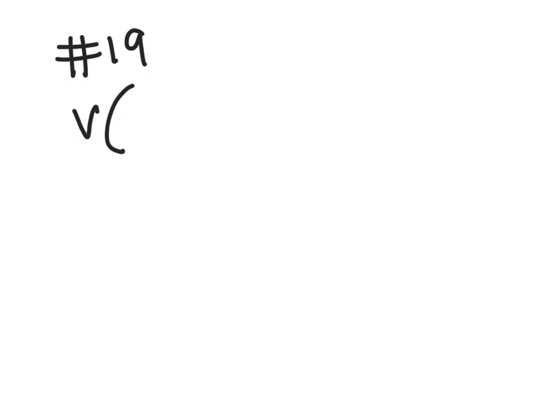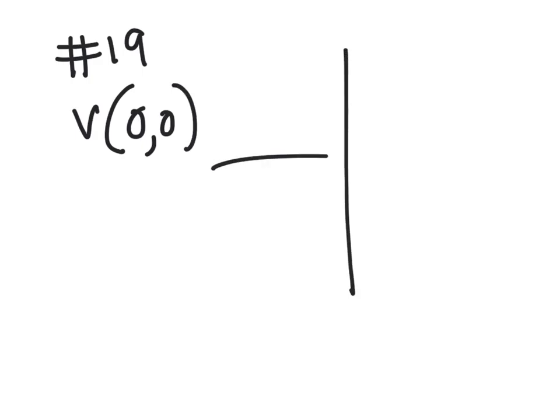Okay, so what type? This is going to be a parabola, right? Number 19. So what's going to be the vertex? 0, 0. Okay, so you want to have it at 0, 0. So then I'm thinking about this being the vertex. Now, what's going to be the P? That's what you got. 4 times P or whatever.